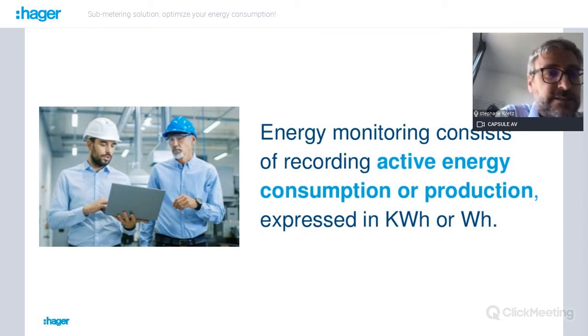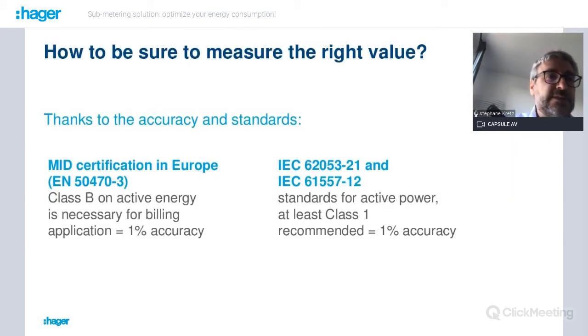It's expressed in kilowatt hours or watt hours, depending on the quantity you measure. Mostly kilowatt hours is used for this. So let's focus on this during the presentation, and for your applications linked to this. Electrical energy is the main value we will focus on.